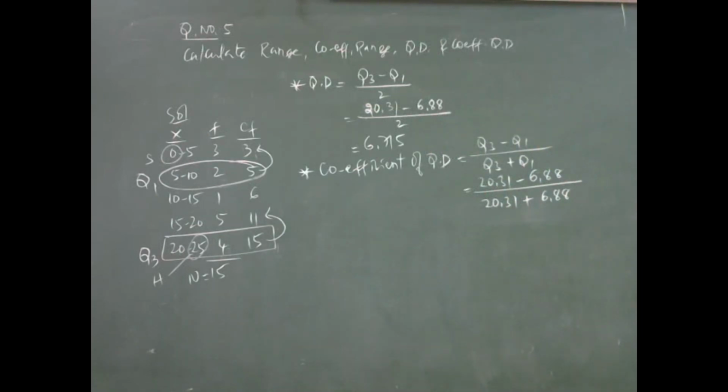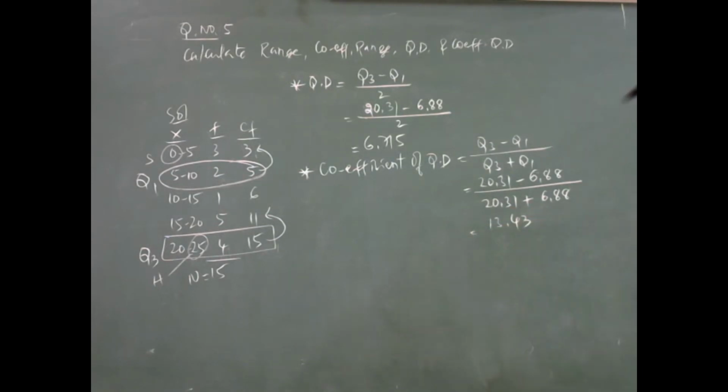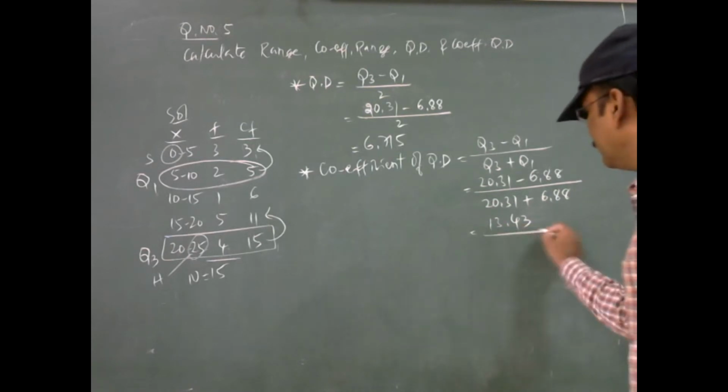I will show now. 20.31 minus 6.88 is 13.43. Then add 20.31 plus 6.88, that is 27.19.